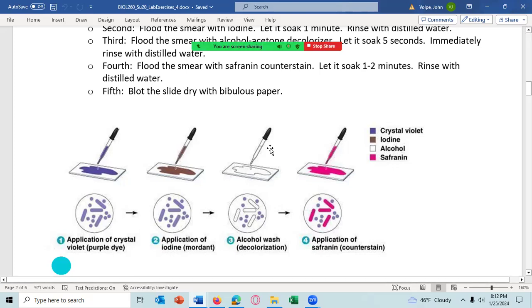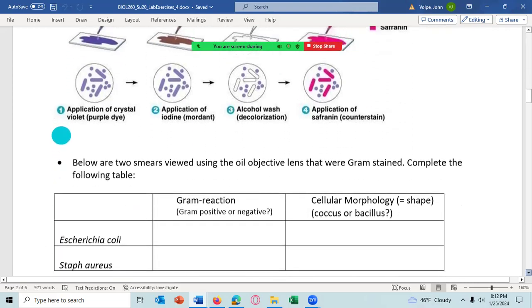It will remove the crystal violet iodine complex from the gram-negative cells. The gram-positive cells should remain purple. You then apply safranin, and it will stain the gram-negative cells pinkish. Any question about the gram stain? If not, let's move on.